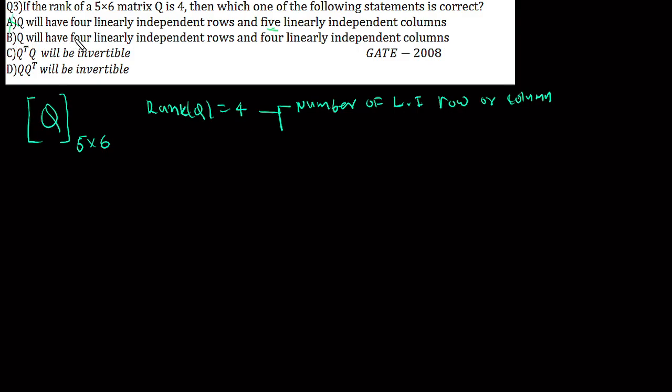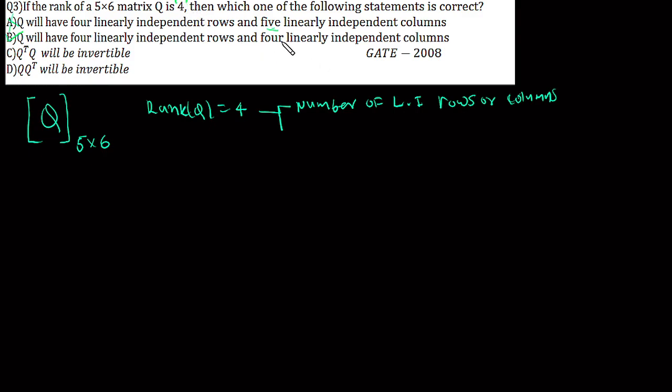Option B says Q will have 4 linearly independent rows and 4 linearly independent columns. So now option B says it has 4 linearly independent rows and columns. Yes, it is correct, because what does it mean that the rank is 4?